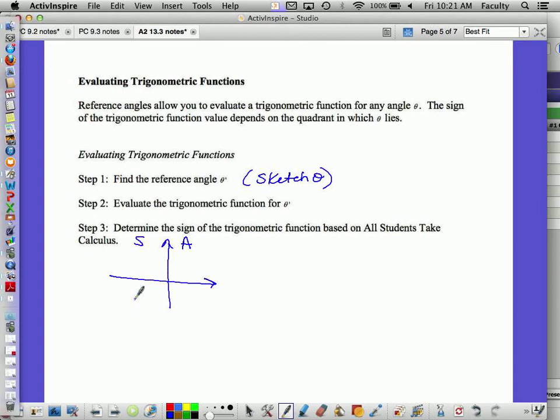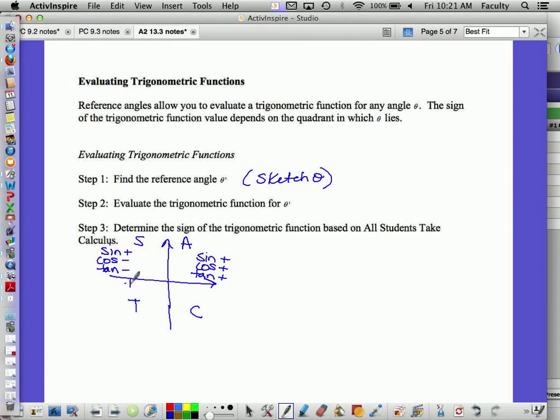So we're going to review this one more time. We did this yesterday. All students take calculus. What this means: in the first quadrant, sine is positive, cosine is positive, and tangent is positive. In the second quadrant, sine is positive, but cosine is negative, and tangent is negative.